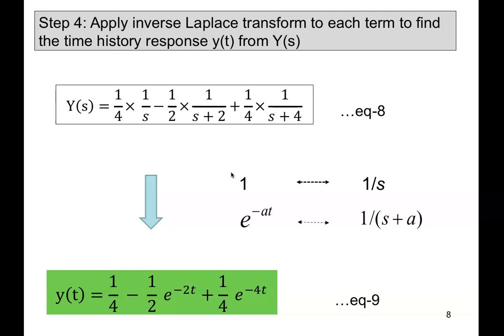Step number 2, you multiply G, that's the transfer function, by U(s). Step number 3, you do partial fractions, break them into simple fractions or a summation of several terms. Step number 4, apply inverse Laplace transform. Okay, 4 individual steps.